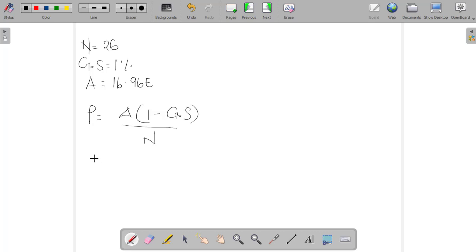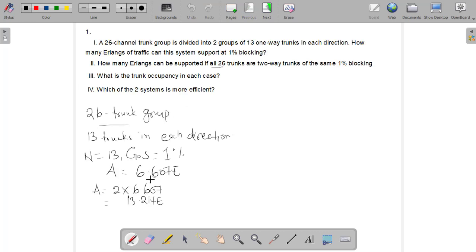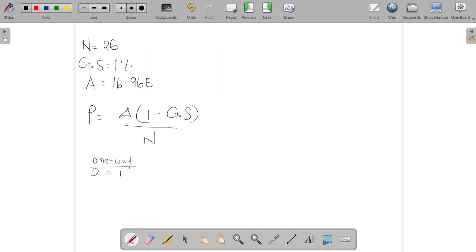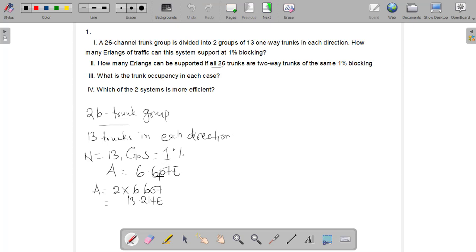So for the case of the one-way system, where the 26 trunks were grouped into 13 one-way trunks in each direction, our A, which was found in the previous calculation to be 13.214, gives rho equal to 13.214 multiplied by 1 minus the grade of service, which is 0.01, all divided by 26, because in total you have 13 in each direction, and so once you add, you have 26.